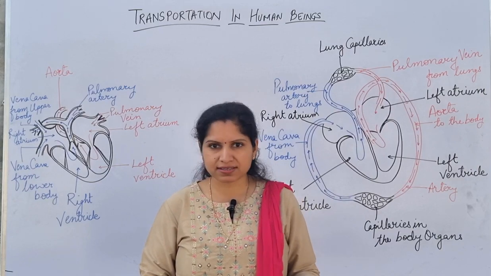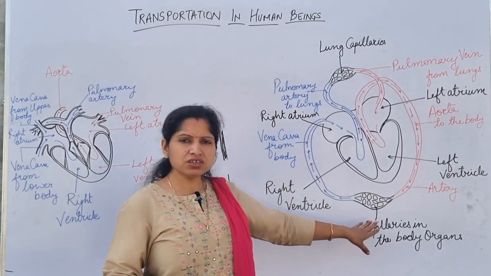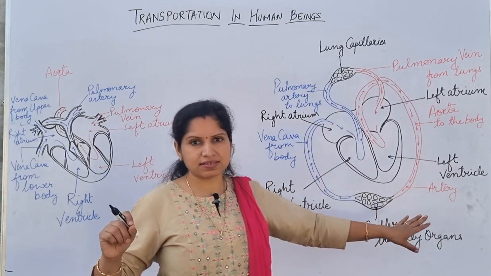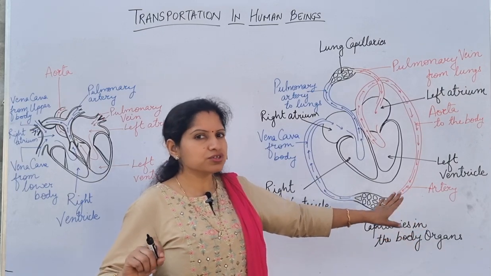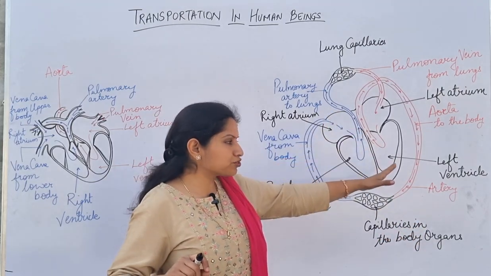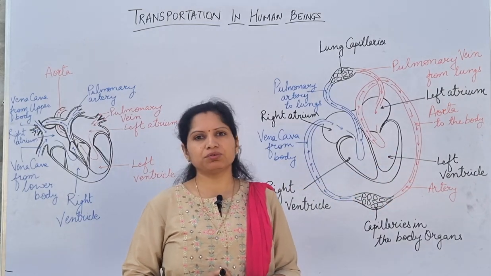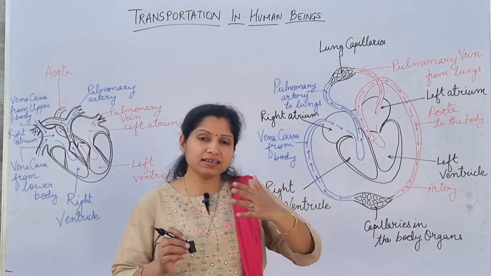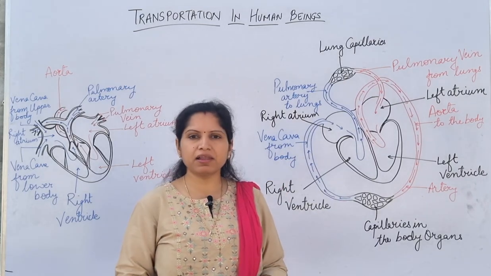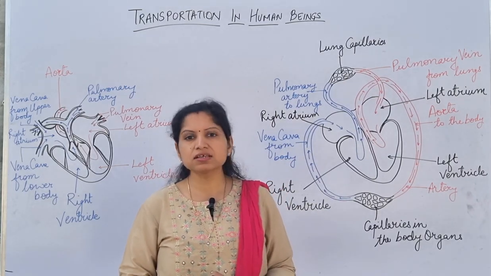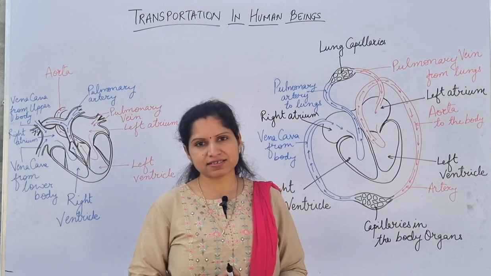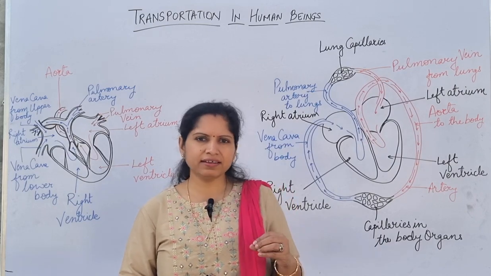Now what are capillaries? Capillaries are very thin vessels, very thin. So from the aorta the blood goes to different arteries, but now this blood has to reach each and every cell of the body, and each and every cell of the body is supplied by very thin blood vessels known as capillaries. Do you know how thin they are?